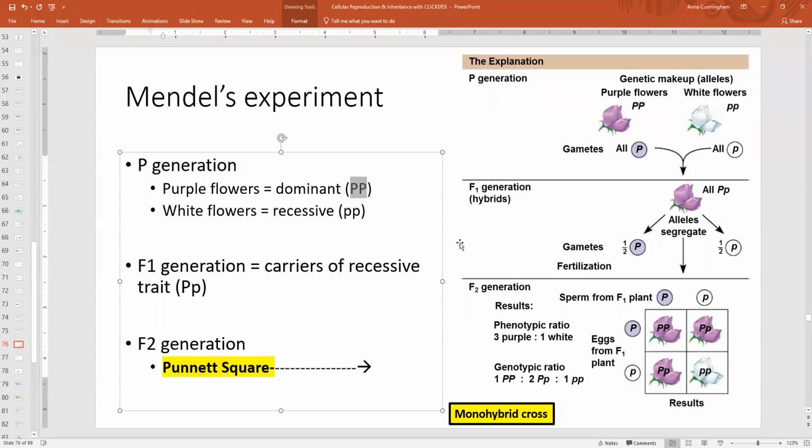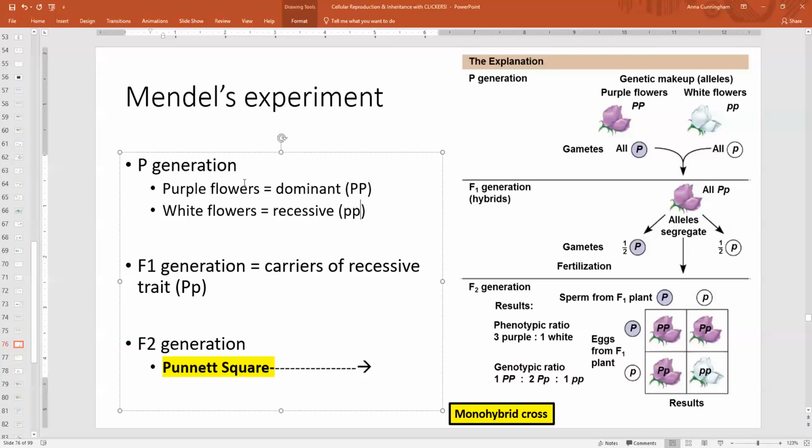For flower color, that would be capital P, capital P. Because the white allele is recessive, and the true breeding white flowers had both recessive alleles, we describe the recessive allele as lowercase p, so homozygous recessive would be lowercase p, lowercase p.